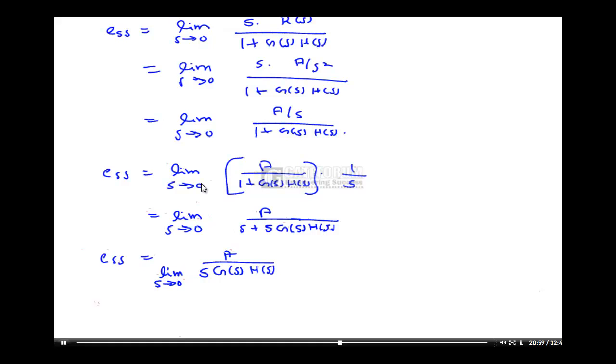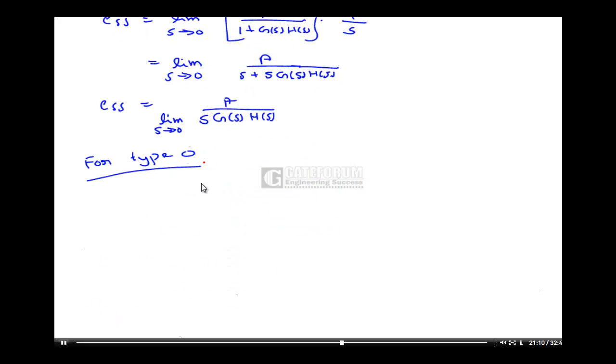Now, if my G(s)H(s) is of type 0, in that case there will be no s term in the denominator, means there is no pole at the origin. In that case, e_ss will become A upon 0, equal to infinity.